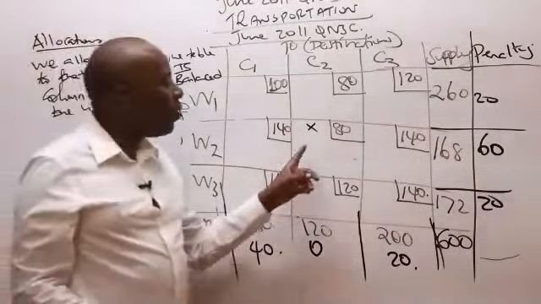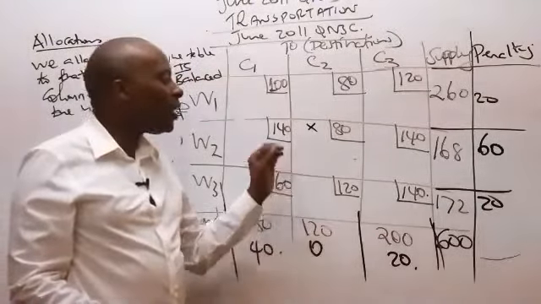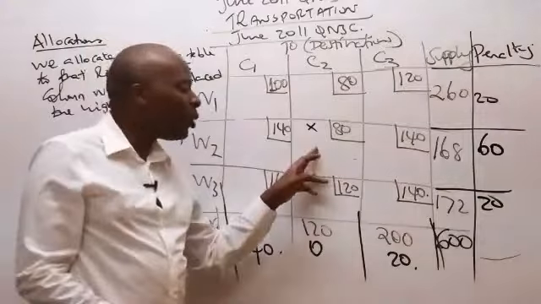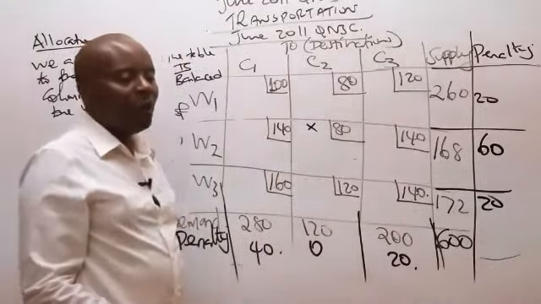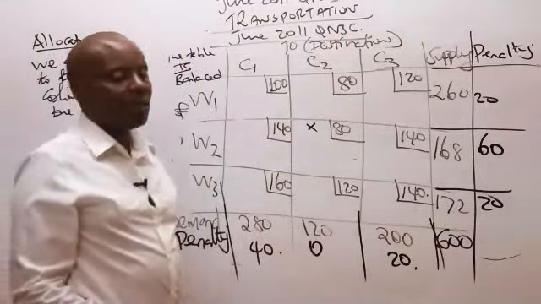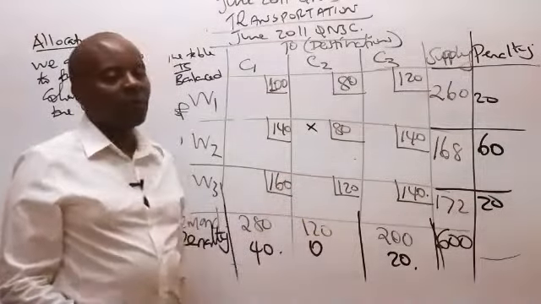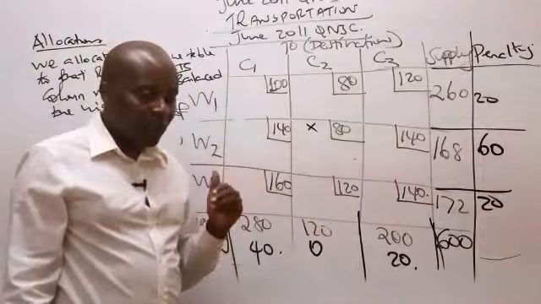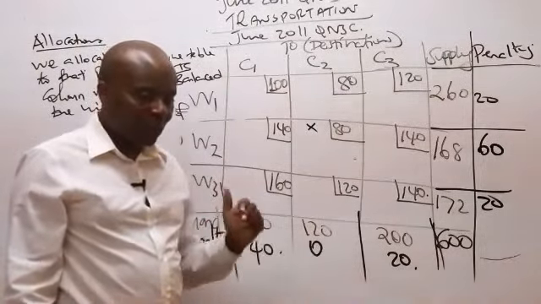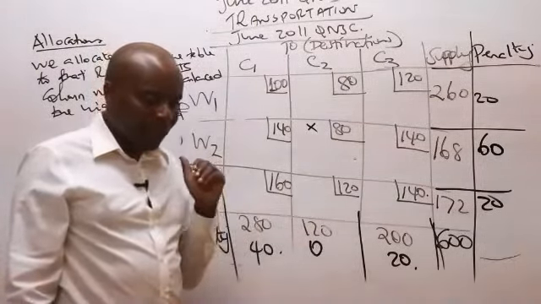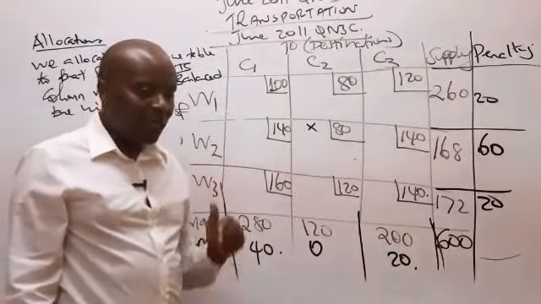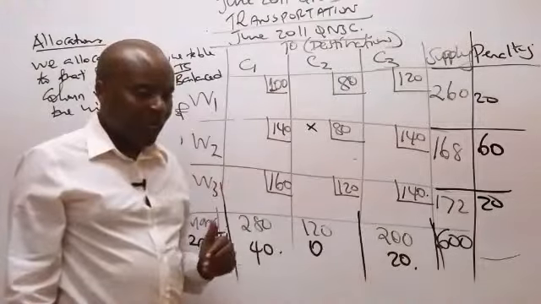This cell, how many units do you think is it going to absorb? How many units should we put on it? This cell. Because you have identified it to be what here, somebody, to be your best cell. So according to Vogel's approximation method, always attack that row, attack that column with the highest penalty.